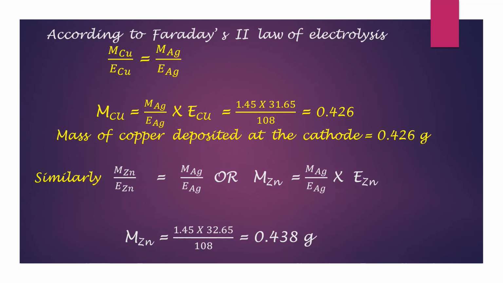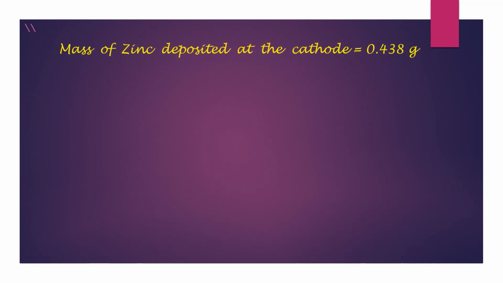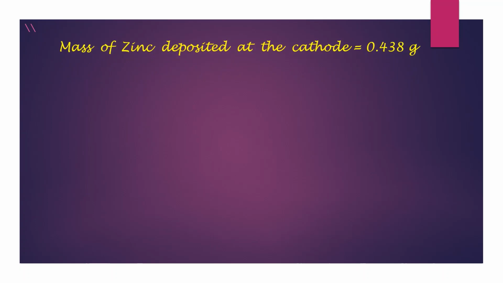So 0.438 gram is the mass of zinc that is discharged at the cathode. So the mass of zinc deposited at the cathode equals 0.438 gram. Okay, now dear friends, we shall find the time of passing the current.